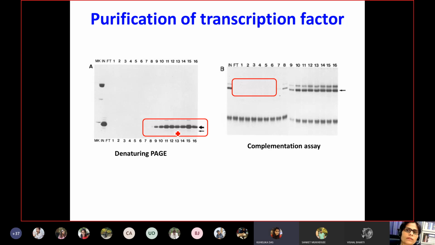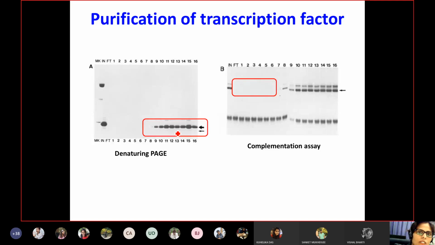So we are comparing both the cases, right? What do you mean by that? What's happening in case of the denaturing electrophoresis and complementation assay. Yes, so they are doing denaturing because this is the cheapest way you can concentrate all the protein, and then you can fractionate in small amounts, because those eluates might be coming in good amount.